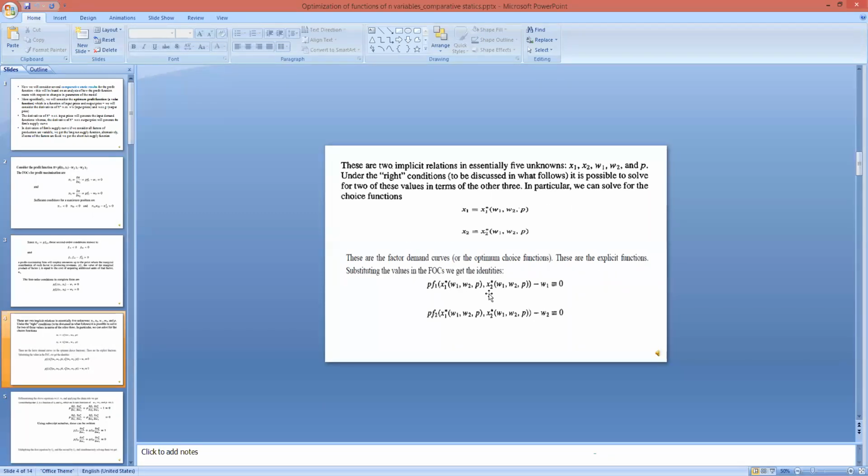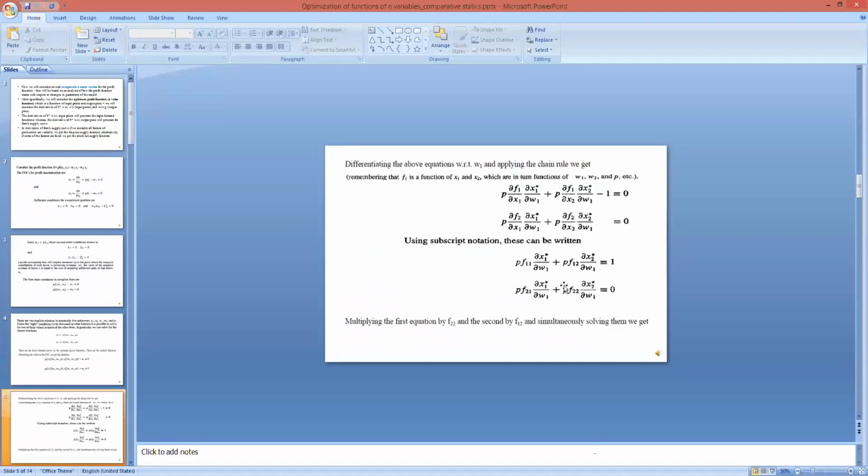Both x1 star and x2 star are functions of w1, and there is an additional minus w1. So we are taking the derivative of P f1. f1 is a function of x1 star, x2 star. Both x1 star and x2 star are functions of w1, and then there is an additional w1.